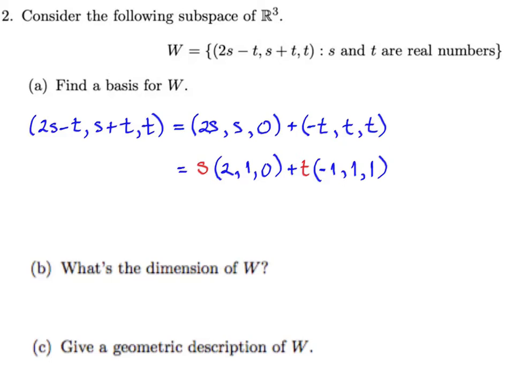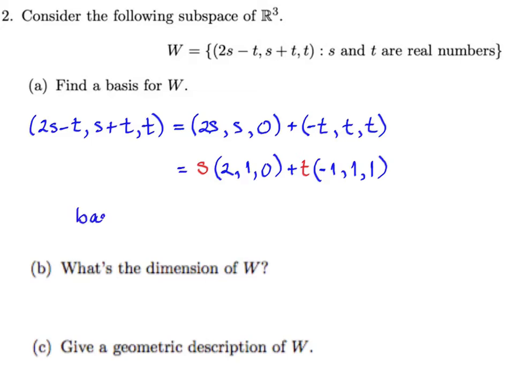And I can tell that the two vectors are linearly independent because in the first ordered triple, there's a 0 in the third component, but in the second ordered triple, there's a non-zero number in the third component. So there's no way we can write the first one as a scalar multiple of the second one. And so that means these are linearly independent ordered triples.